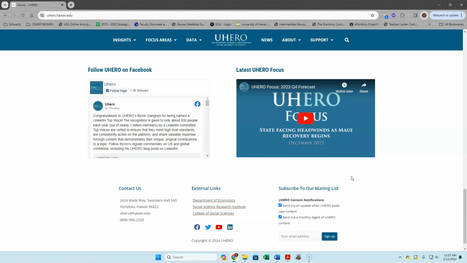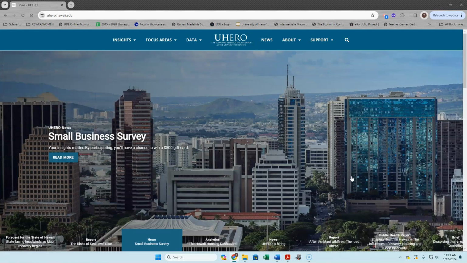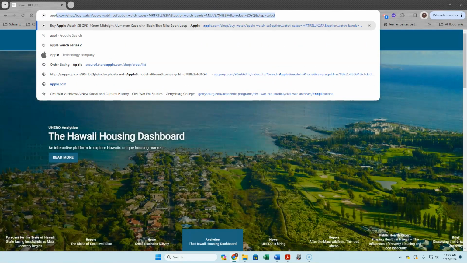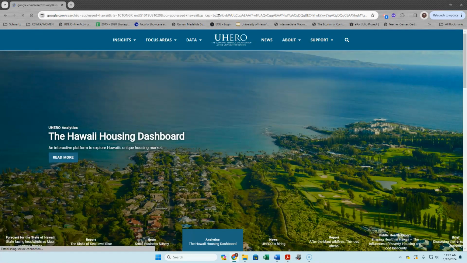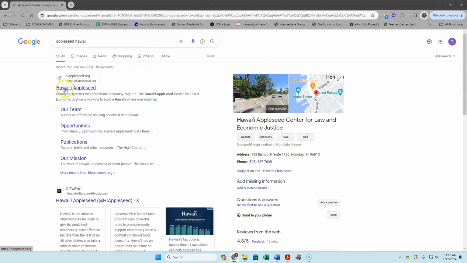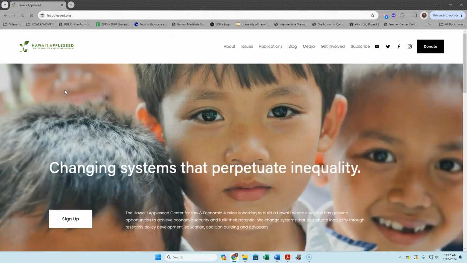Why does UHERO do that? Well, it's in the economics department here, and it's largely related to the fact that we're a publicly funded institution, so we don't want to be advocating for certain things. But the way that's different is, I don't remember what the place is called. There's an organization here in Hawaii, Hawaii Appleseed, which is more conservative leaning, and nothing against it, right?